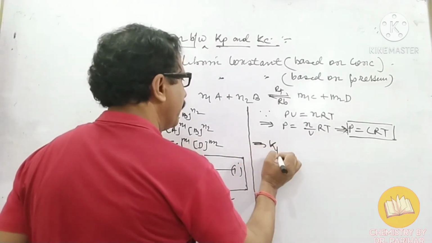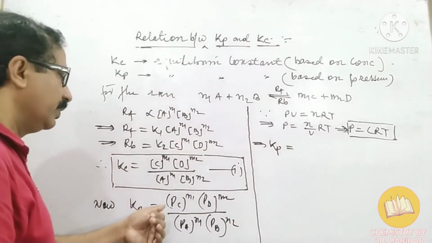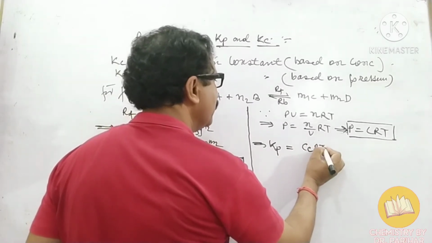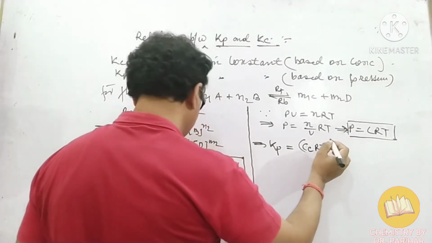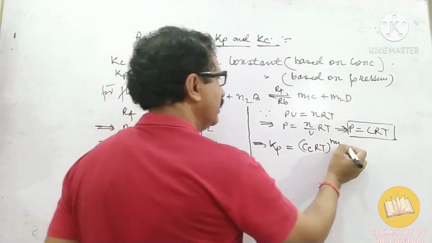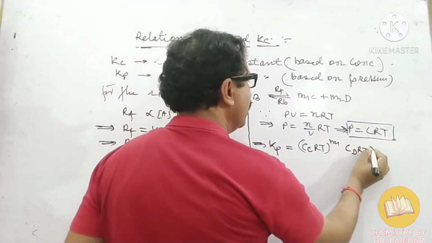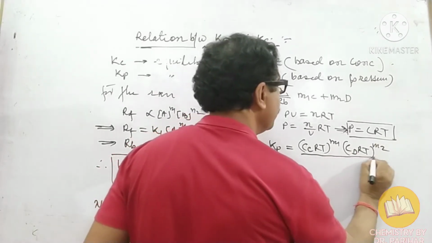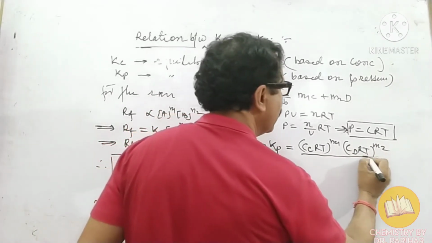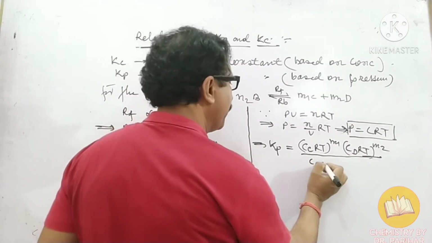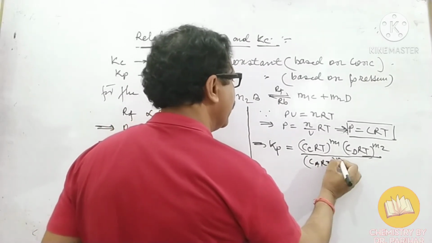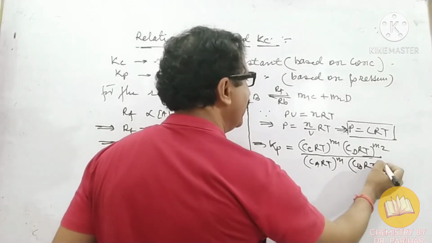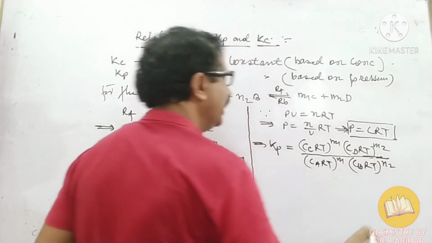Which implies Kp is equal to partial pressure of C, meaning concentration of C times RT, to power m1, concentration of D times RT to power m2, whole upon concentration of A times RT to power n1, concentration of B times RT to power n2.